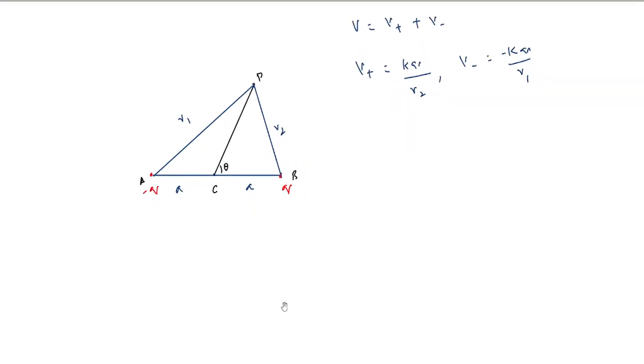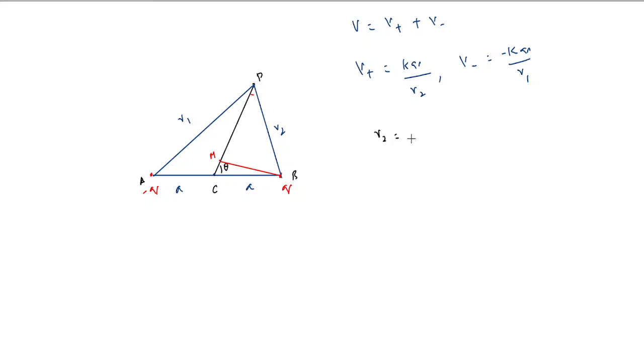Now let's find out what R1, R2 are first. From this point B, if we draw a perpendicular onto this one, somewhere like this, and call this point M. If the angle is small here, in that case R2 would be the same as MP, because you're dropping a perpendicular from here.